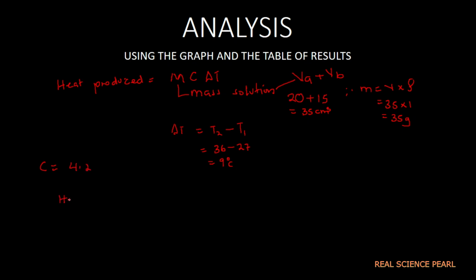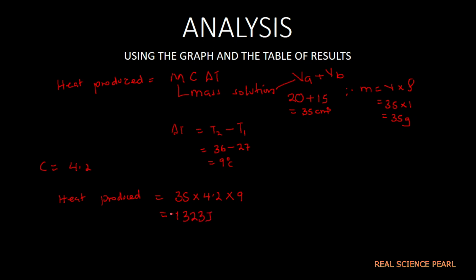Now our heat produced during this reaction equals 35 times 4.2 times 9, and this gives us 1323 joules.